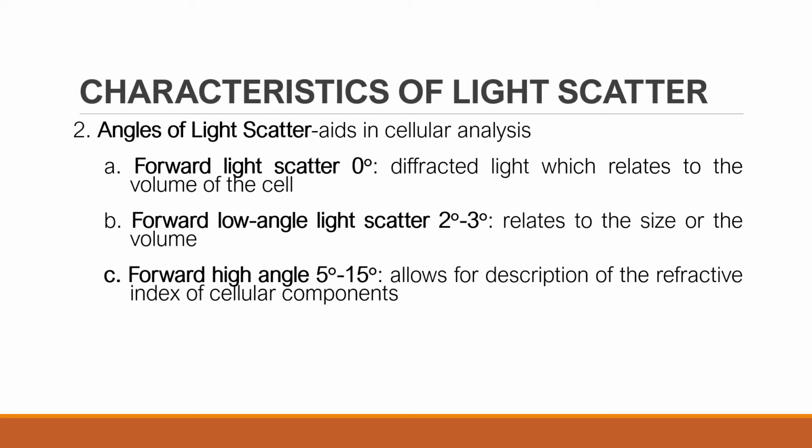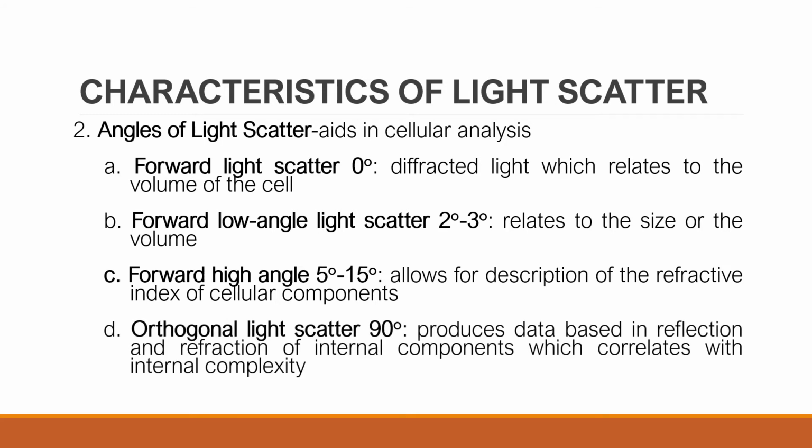This allows for description of the refractive index of the cellular components. And lastly, we have the orthogonal light scatter at 90 degrees. It produces data based on reflection and refraction of the internal components, which correlate with the internal complexity of the cell.